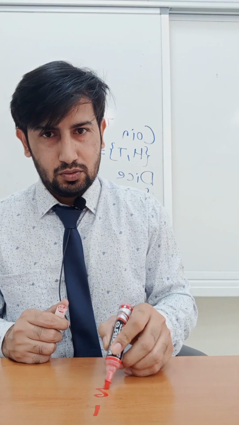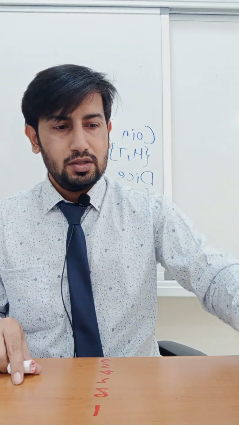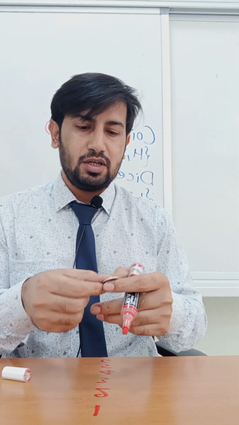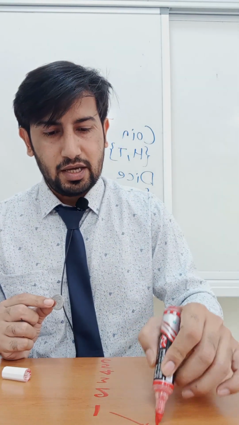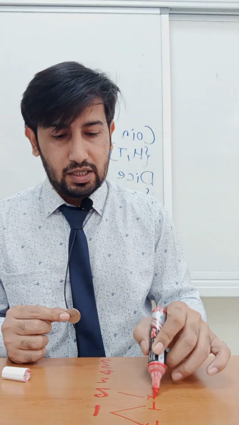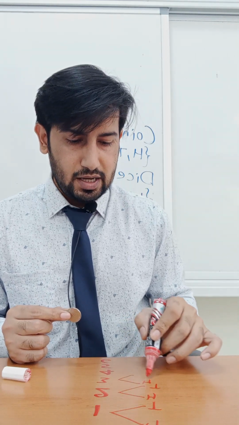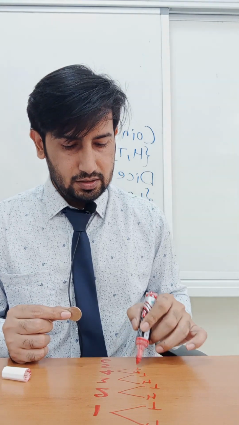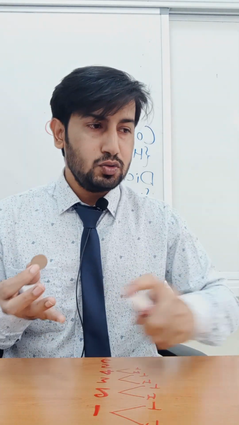So how many possible outcomes? 1, 2, 3, 4, 5, 6. This is your experiment number 1. Experiment number 2 is a coin, head and tail. So after 1, you can get either head or tail. If you get 2, then again you can get head or tail. Similarly for all of these, head and tail, like this. So this will be your tree diagram for a 2-stage experiment.